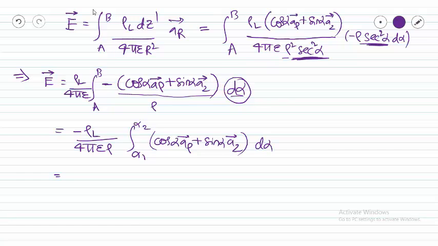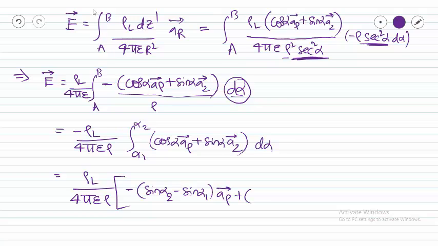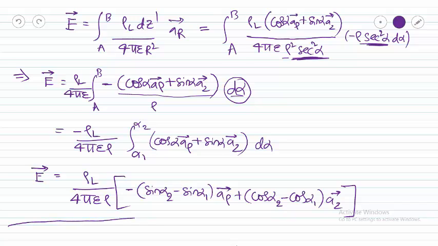If you apply the limits, what we get is rho L by 4 pi epsilon rho, brackets open, minus sin alpha 2 minus sin alpha 1 a rho bar plus cos alpha 2 minus cos alpha 1 a z bar. So this is the electric field intensity at a point P x comma y comma z due to a finite line charge distribution existing on the z axis. Okay, right? So it has two components, one is a rho bar and a z bar.